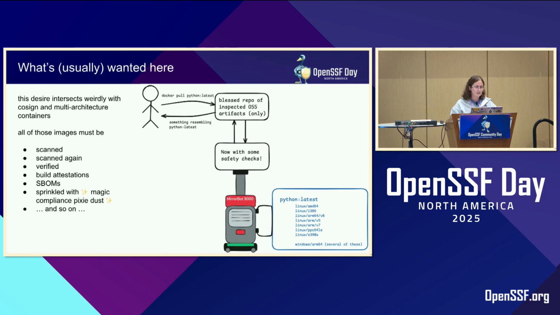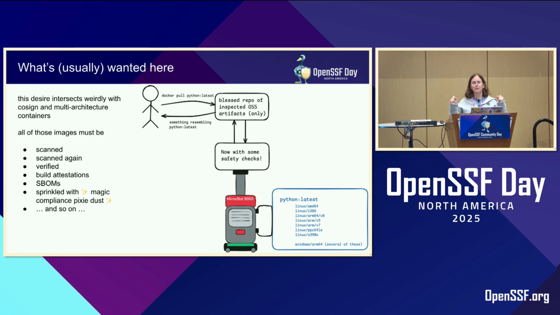The thing is, the folks I meet actually end up doing something like this. They build or buy a MirrorBot 9000. And this MirrorBot is supposed to grab all of the things and do some sort of magic safety checks. It's going to scan it with vuln scanners and antivirus, and it's going to do verifications and SBOMs and build attestations. It's going to grab all the things.